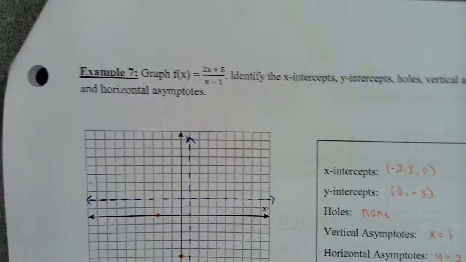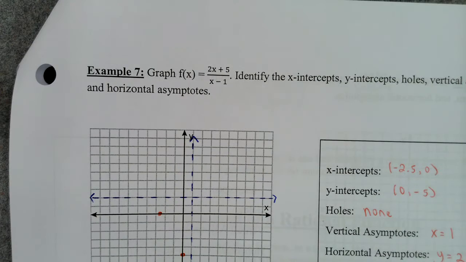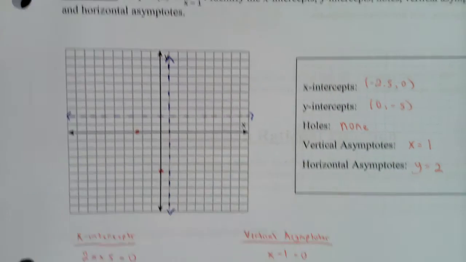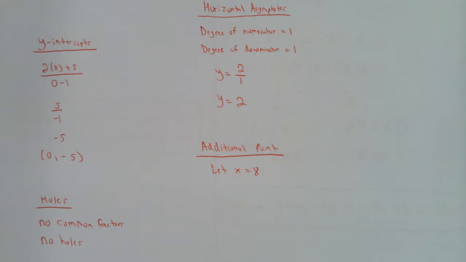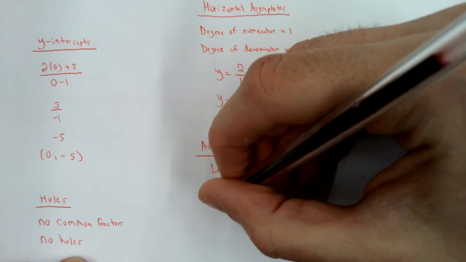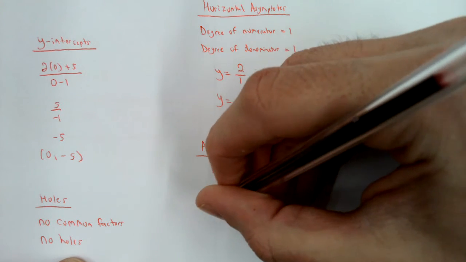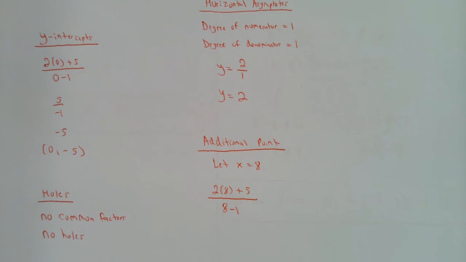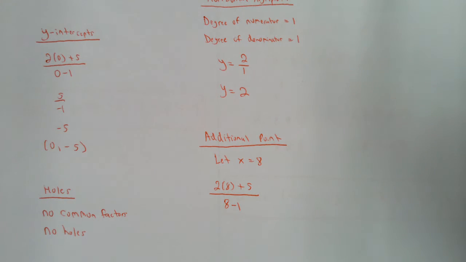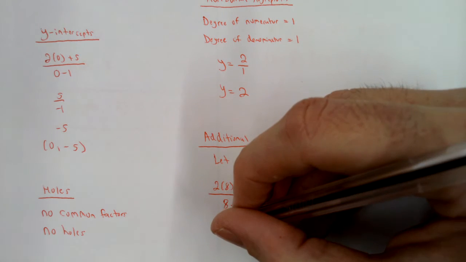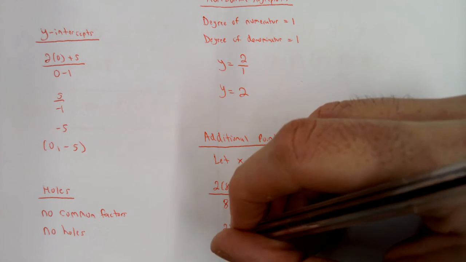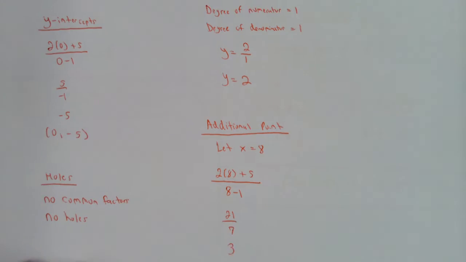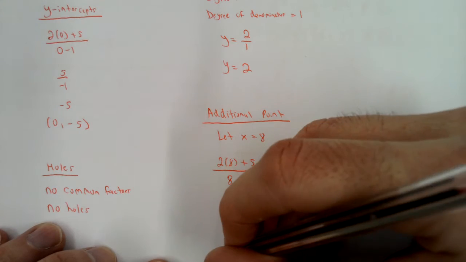Going back to the original problem, that's 2 times 8 plus 5 over 8 minus 1. So it'll be 16 plus 5 is 21 over 7, equals 3. That means we have the additional point 8 comma 3.